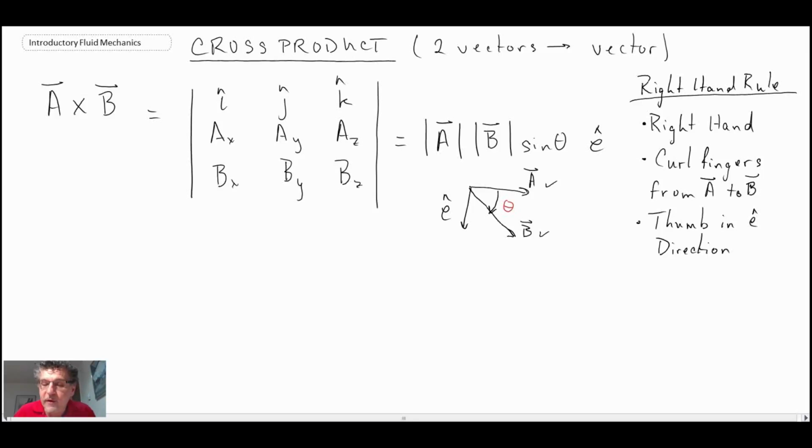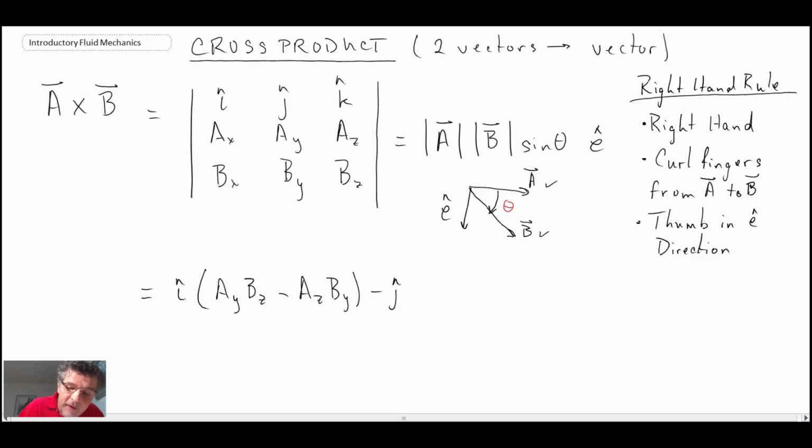We can also express the cross product in another way, and this is the one that we'll use quite often as well. You start with the I component, and going through the operation, we will have AY BZ minus AZ BY.